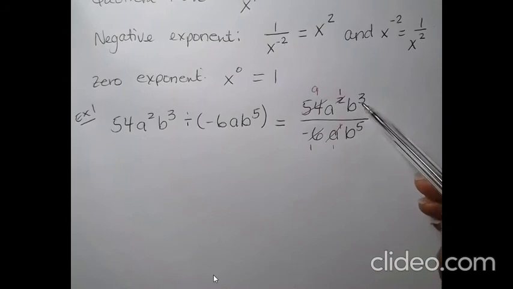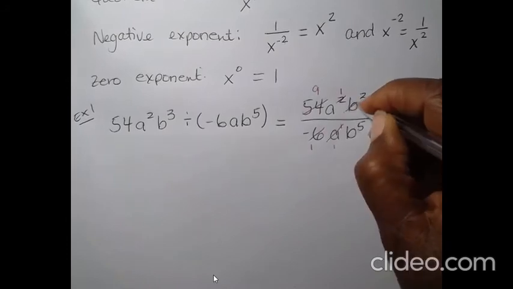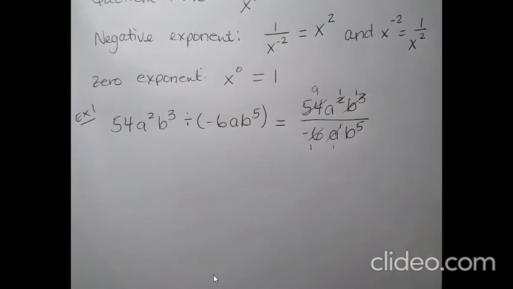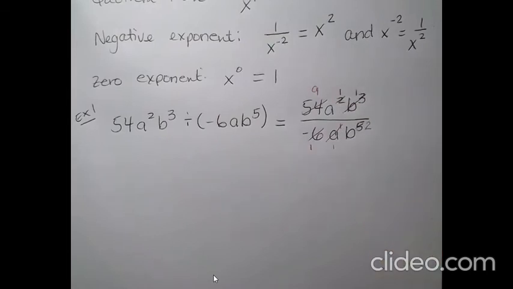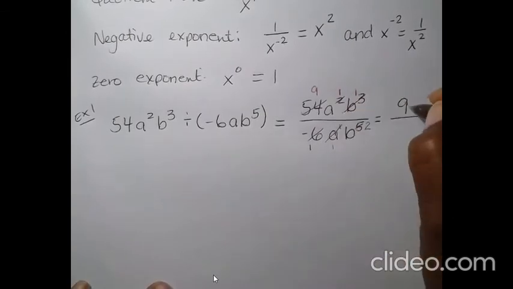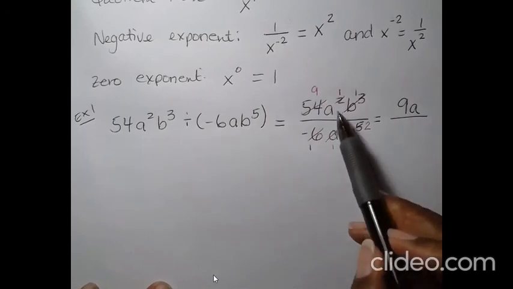And we have 3 b's in the numerator, 5 b's in the denominator. Since we have fewer here, this reduces to 1, and we take away 3 of these. So this is now b squared. There were 3 of them, 5 in the denominator. So what we're left with in the numerator is 9a to the first power.